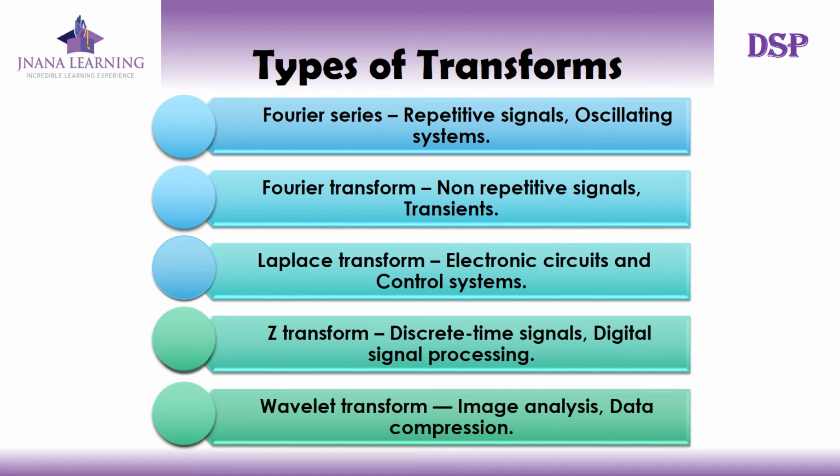For non-repetitive or non-periodic signals, we use the Fourier transform. Laplace transform is mainly used for electronic circuits and control systems. In digital signal processing, for discrete time signals, we use the Z transform. And the wavelet transform is mainly for image analysis and data compression.